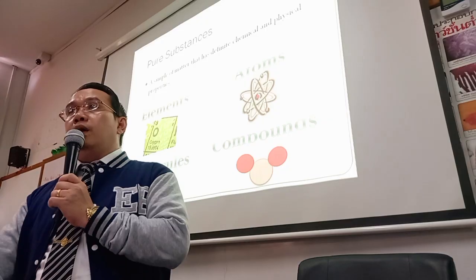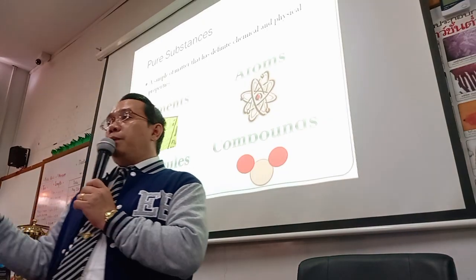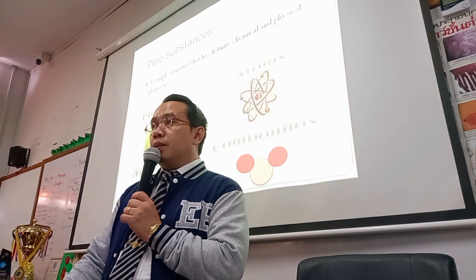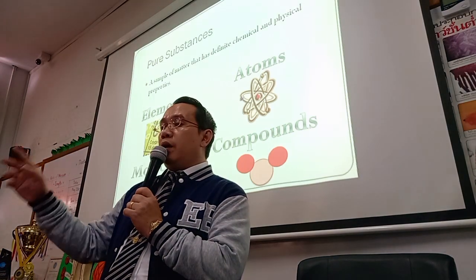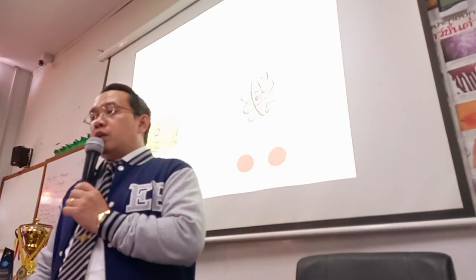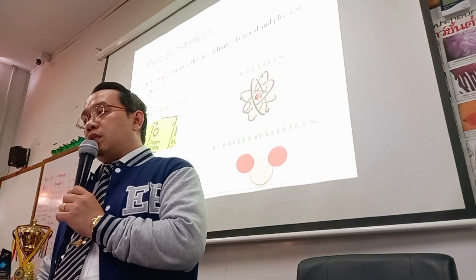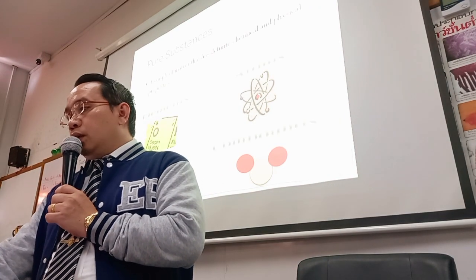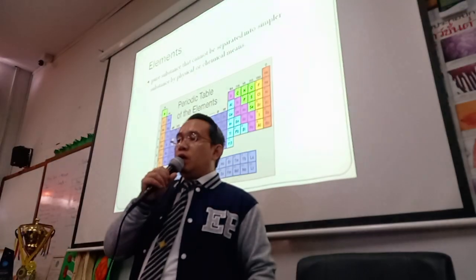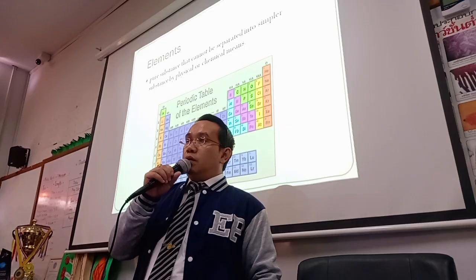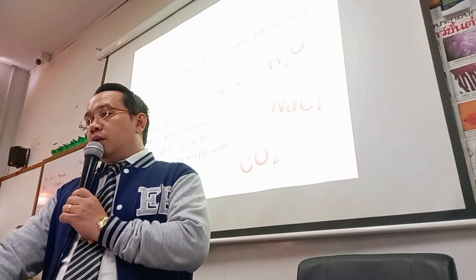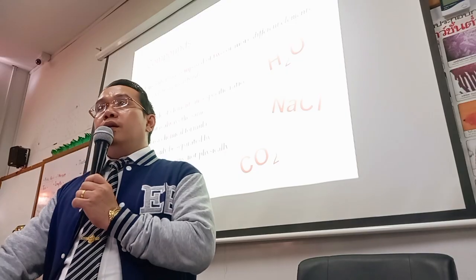Then, always remember pure substances: a sample of matter that has definite chemical and physical properties. So elements, atoms, molecules, and compounds belong to pure substances. Elements are commonly found in the periodic table of elements. So what is a compound again?